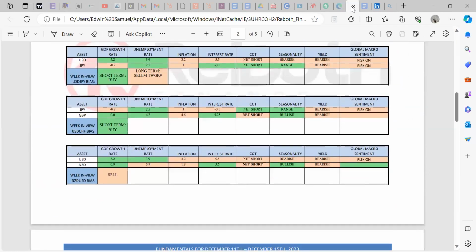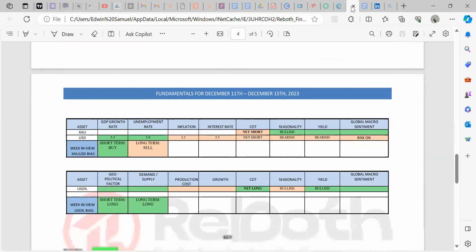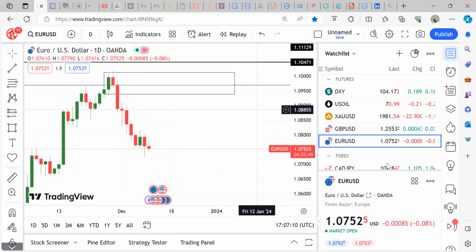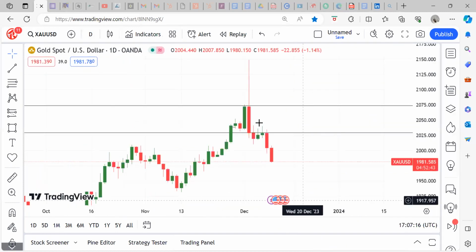So let's see what the macro data has for us on commodities like gold. For gold, what the macro data is telling us is that short term we are buying, but long term it is a sell. Hence why I still see a bearish decline on the longer-term view, for the next 2 quarters.